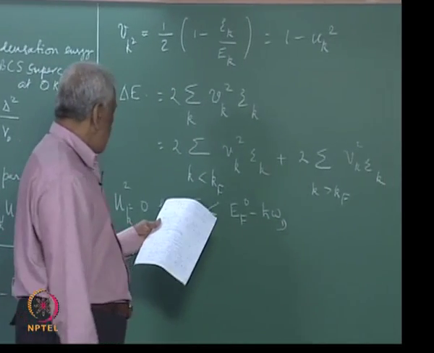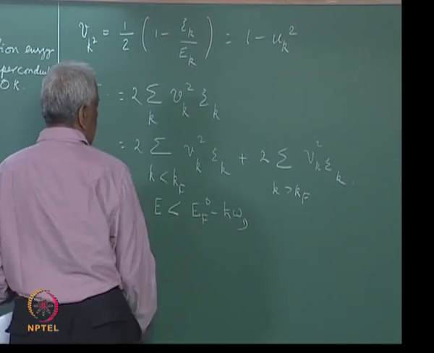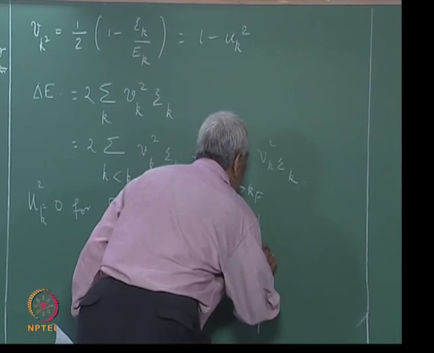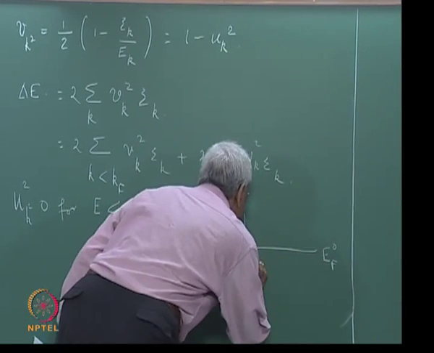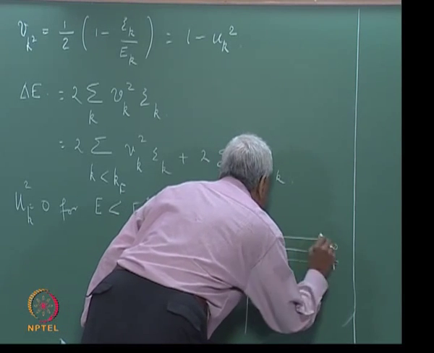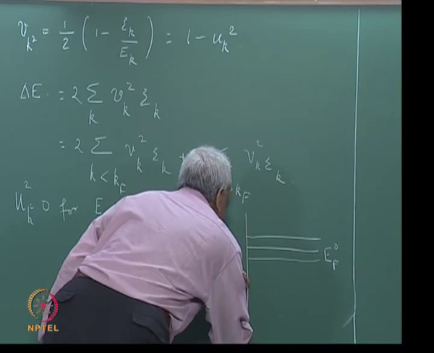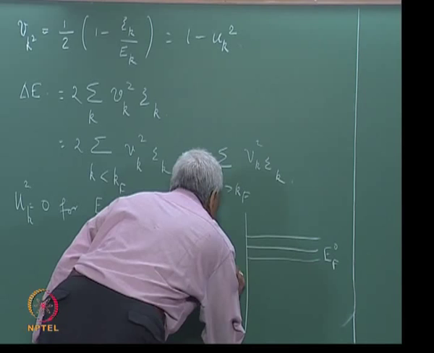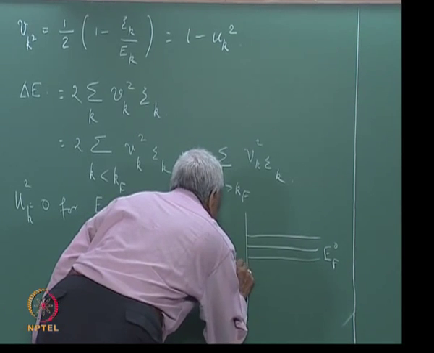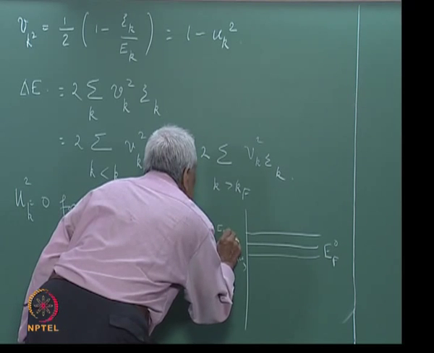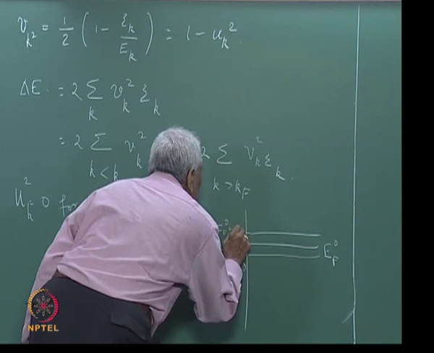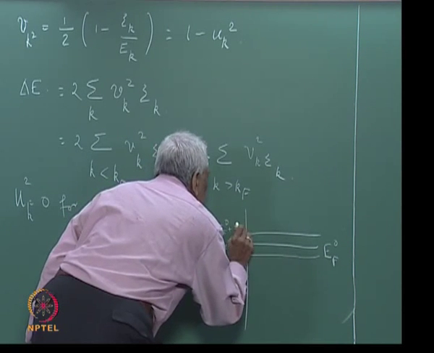This is because for such energies in the gap, if this is E_F0, this is E_F0 minus h cross omega_D, and this is E_F0 plus h cross omega_D.